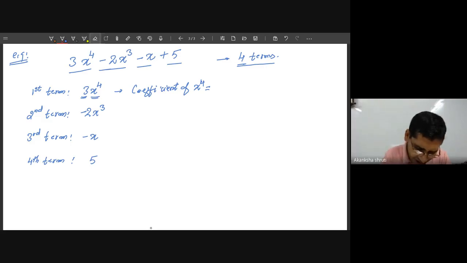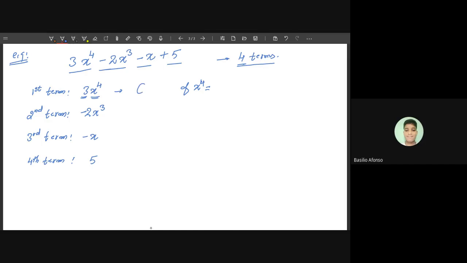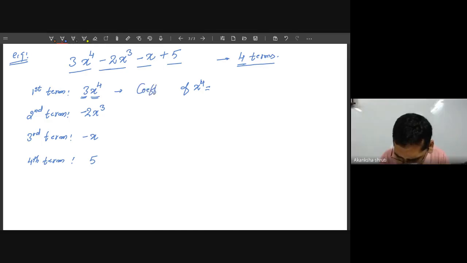Let me write properly. The coefficient of x raised to 4 is equal to 3. Good. So see, in the second term, x to the power 3, the variable is x cube, and the coefficient is minus 2.